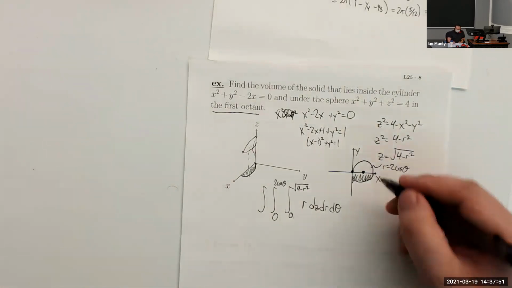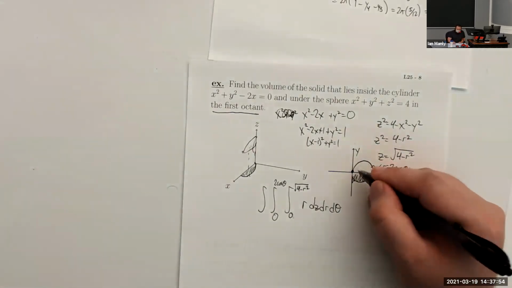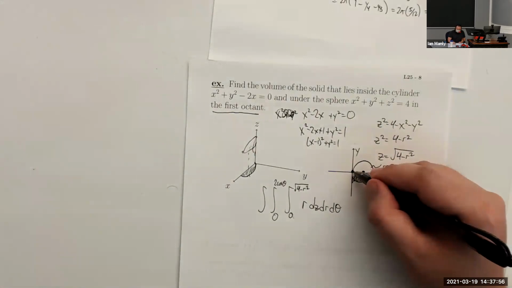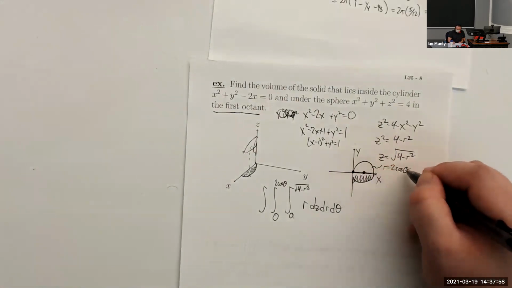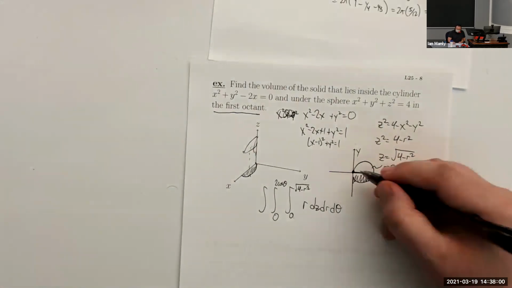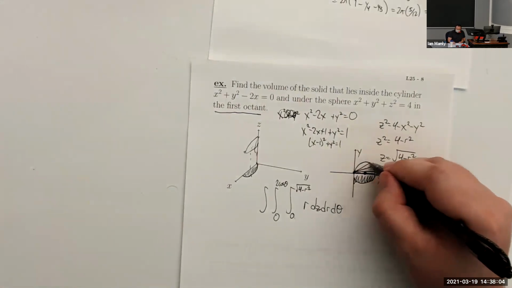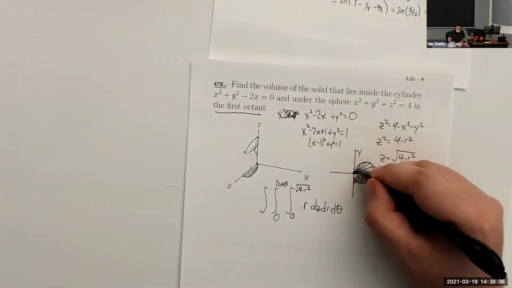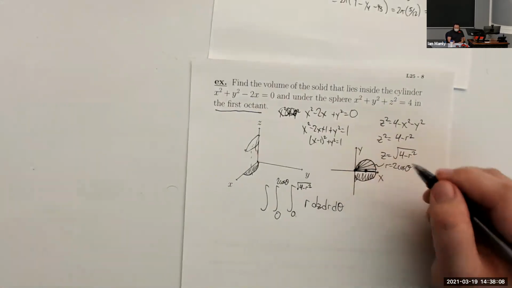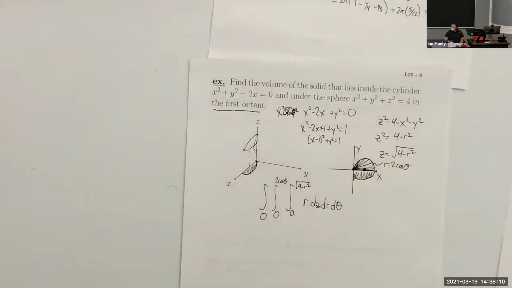Now we need to do the theta bounds for this. Let's figure out which thetas are going to get us this half circle here. Theta equals 0: if I plug that into this, I get 2, so I'm coming out here. Then as I rotate through my thetas, I get closer and closer until I get back to the origin at theta equals what?